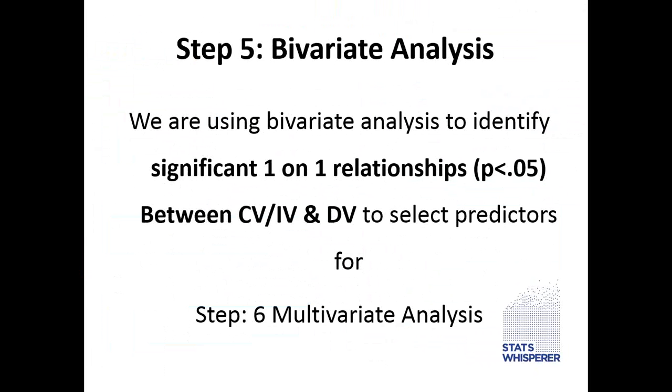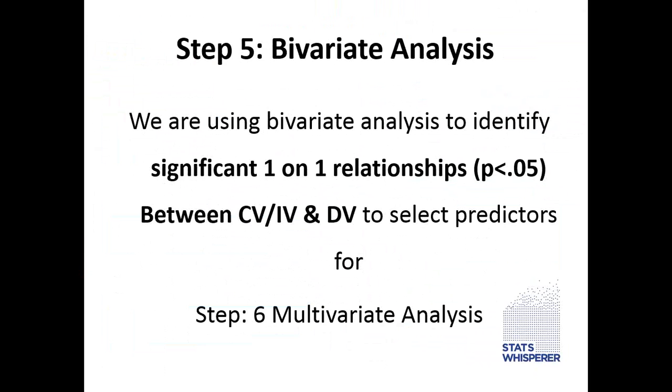So our goal here, right, so bivariate analysis could be used for several goals, but our goal here is to use bivariate analysis to determine significant one-on-one relationships. So significant means statistically significant with the p-value less than 0.05. So significant relationships between the covariate variables and the independent variable and the covariate, the independent with the dependent variable, right?